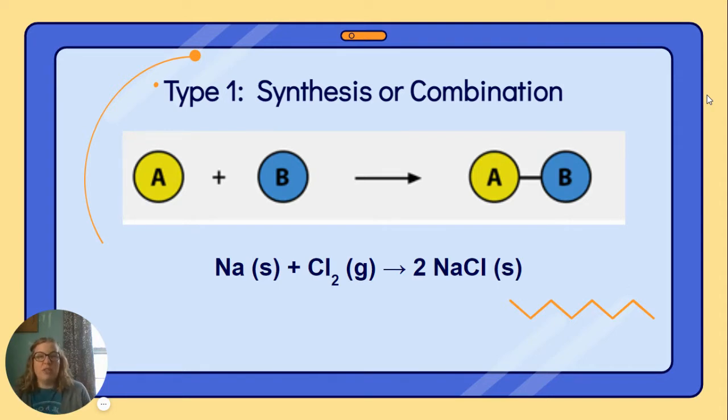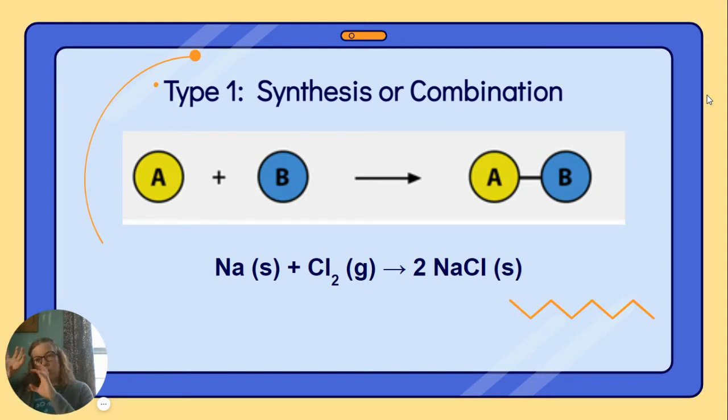Synthesis means to put things together, and combination also means to put things together. So the general idea behind a synthesis reaction is that I take separate components, and those could be plain elements, they could be compounds, they could be a combination of compounds and plain elements, and you just need to take multiple things and combine them into one thing.